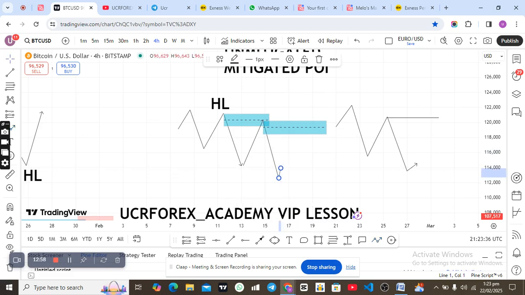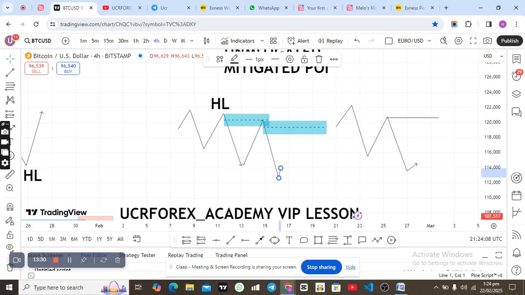So why are these unmitigated zones very important, and why do you need to understand them? They are important because these are zones that often attract the market back, because of unfulfilled institutional orders, like pending orders.